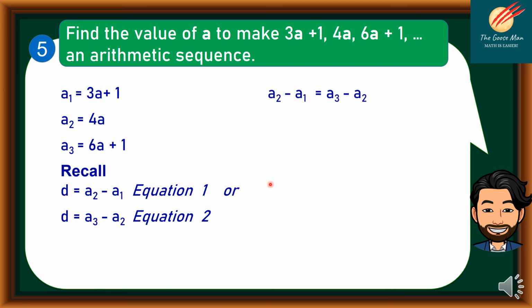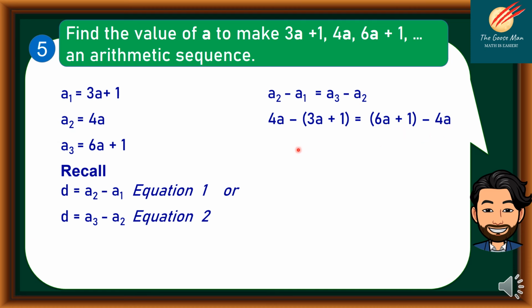Notice that a sub 2 minus a sub 1 is the same also as a sub 3 minus a sub 2. By simply substituting the values of a sub 2, a sub 1, a sub 3, and a sub 2, I'll come up with 4a minus (3a plus 1) is the same as (6a plus 1) minus 4a.